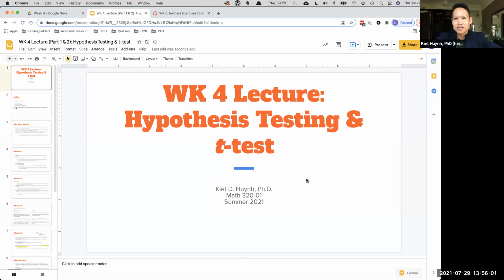And then the other part is the math part, the more technical part of it: how do you compute the t-test, what are the formulas, what type of calculations do you use? So that part we won't be going into as much for today's lecture.